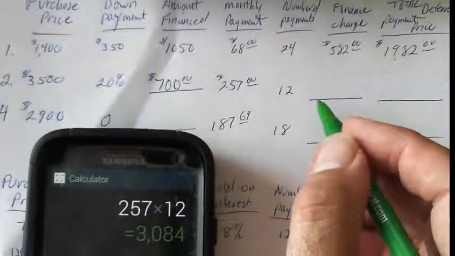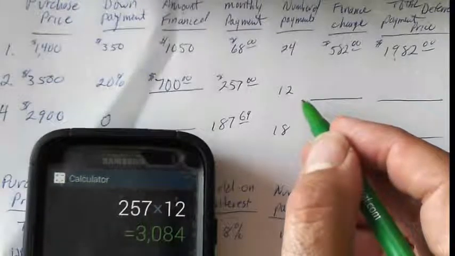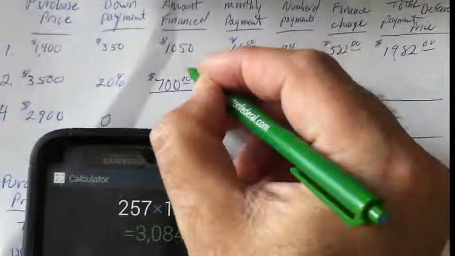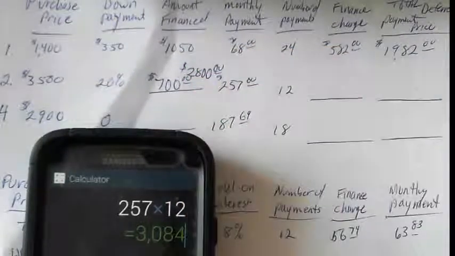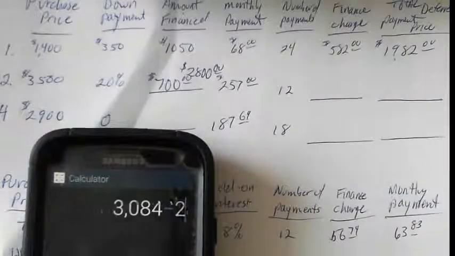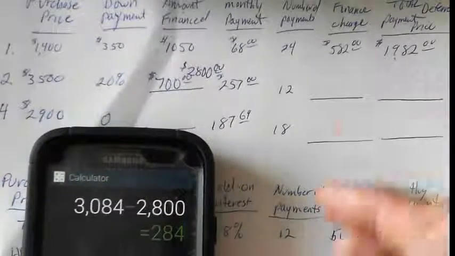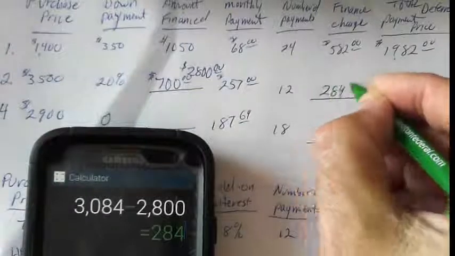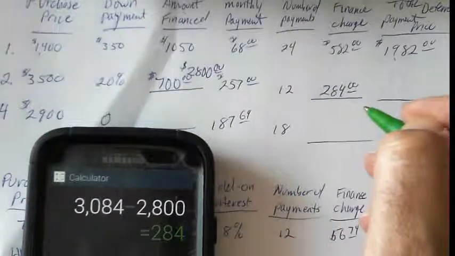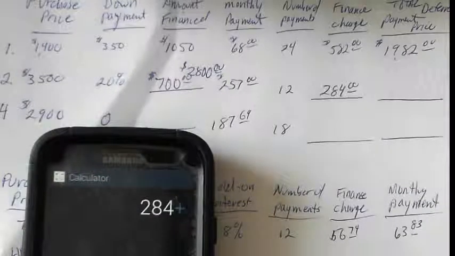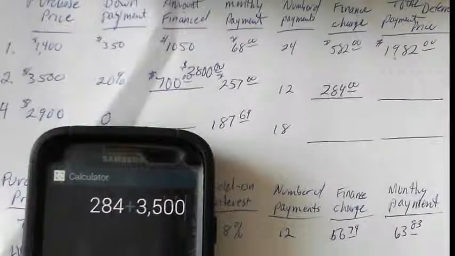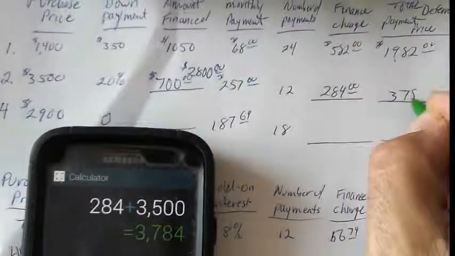Okay, and we're going to have to subtract. See, I wrote that down wrong. We got the finance charge, but we have amount financed is 2,960, so we subtract then the 2,960. So we have finance charge of 124. Okay, and we add that to our purchase price. $3,824.